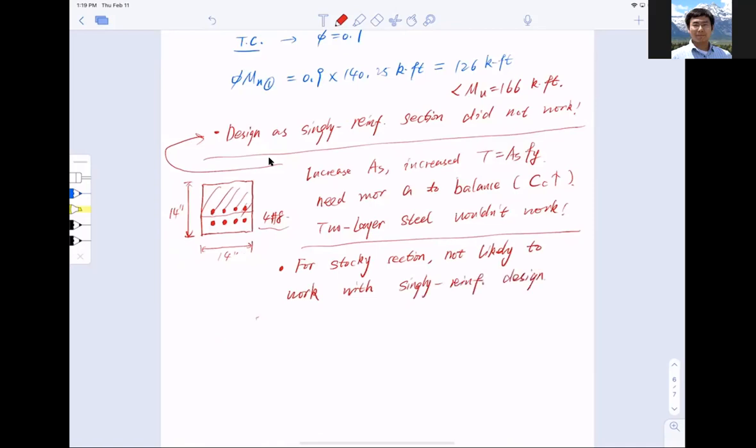Okay, just not enough room. All right, so what we do instead, doubly reinforced design is preferred.